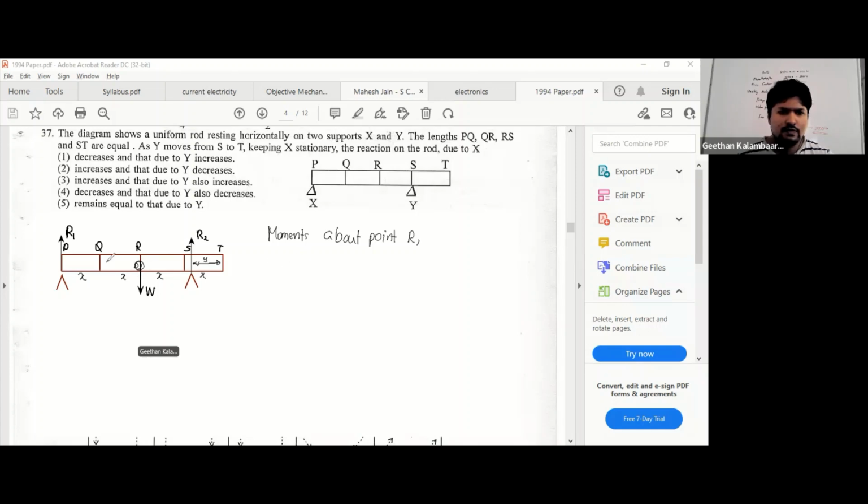Now, moments about this point. This one gives a clockwise moment and this one gives an anti-clockwise moment. Both moments have to be equal and opposite. So you can say R1 into 2x is equal to R2 into 2x minus y.